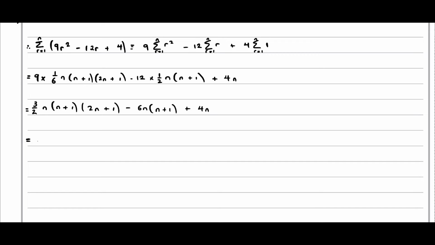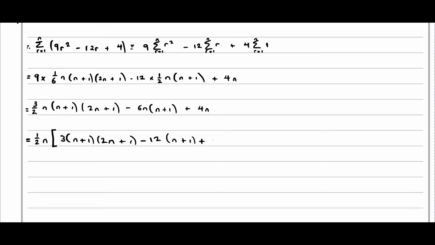So factorizing out a half n, inside this big bracket we have 3 lots of (n plus 1) lots of (2n plus 1). Then we have minus 12 lots of (n plus 1), because 12 times by minus a half n gives us 6n.